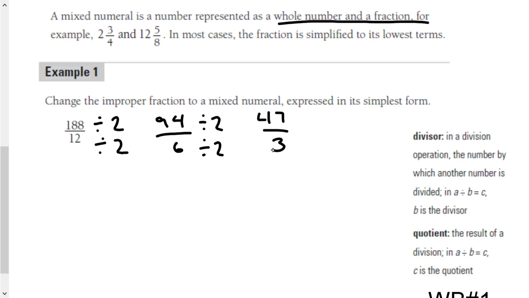Now in this case, we need to figure out the big number. So the big number is, how many times does 3 go into 47?